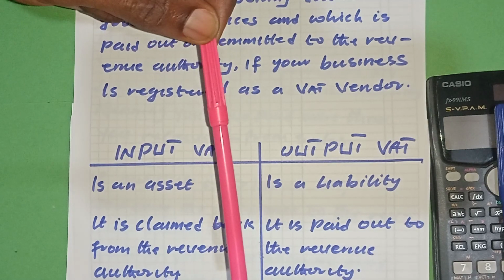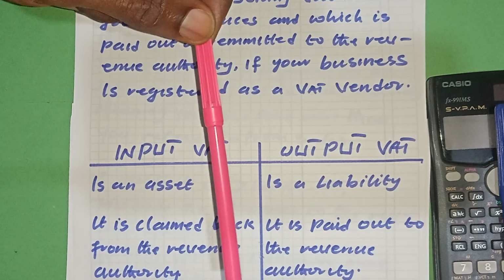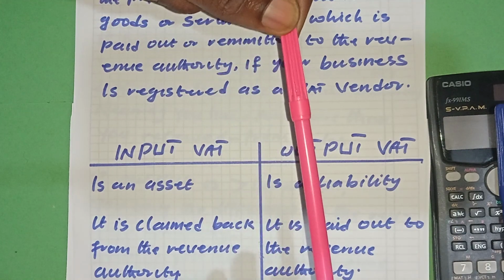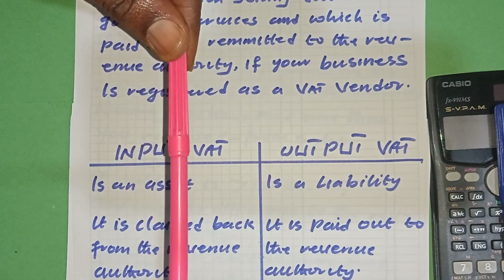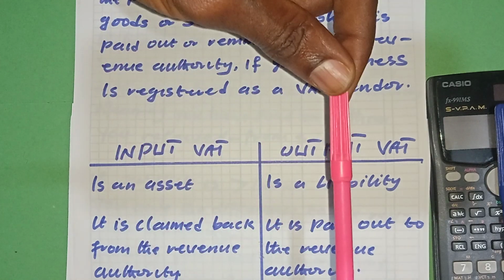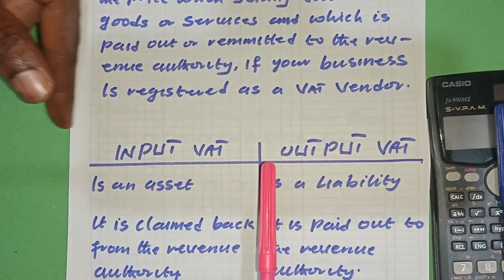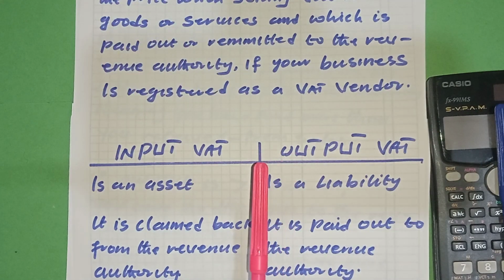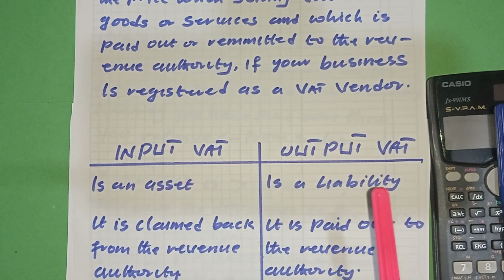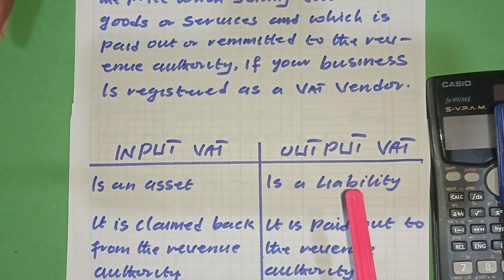Okay, let's assume it's 20 naira. The tax element is 20 naira for your purchase, and you are reselling, the tax element is also 20 naira. Now, when you purchase, the tax authority is owing you 20 naira. Then when you sell out, you are owing the tax authority.